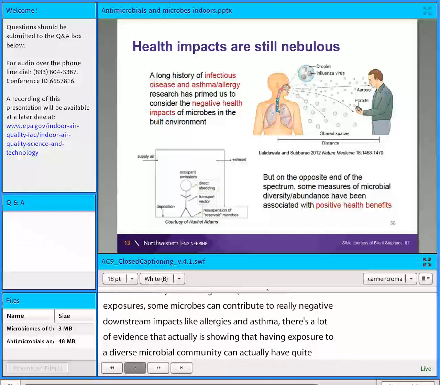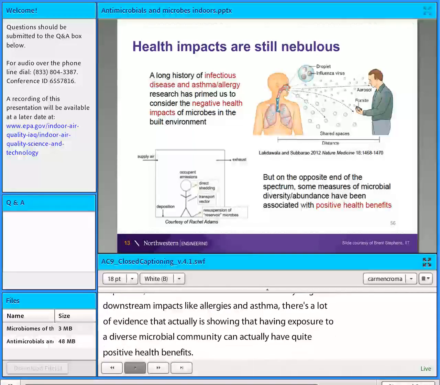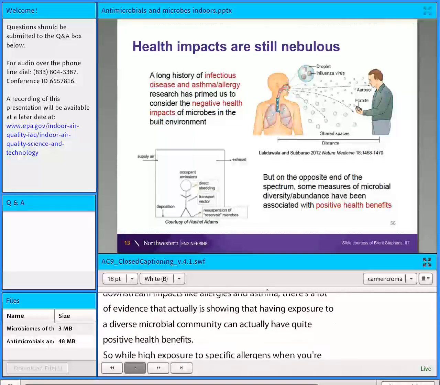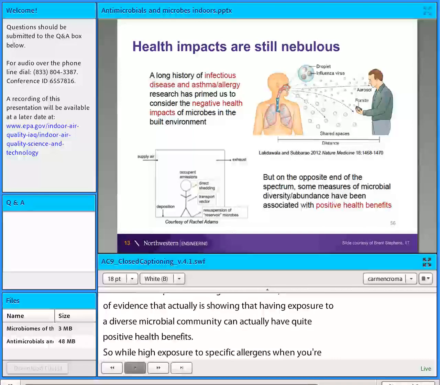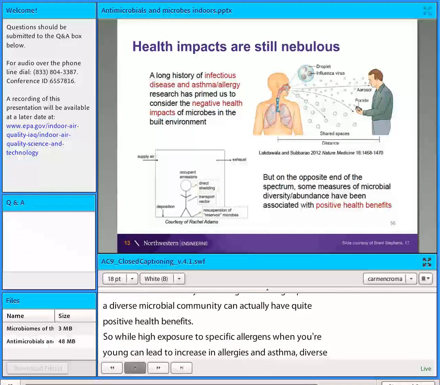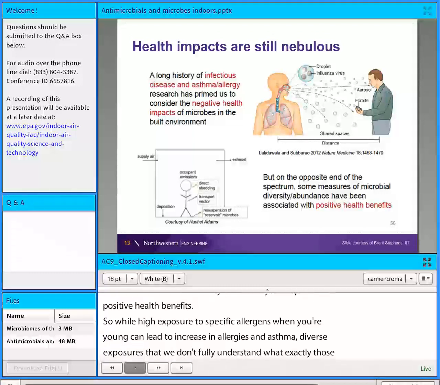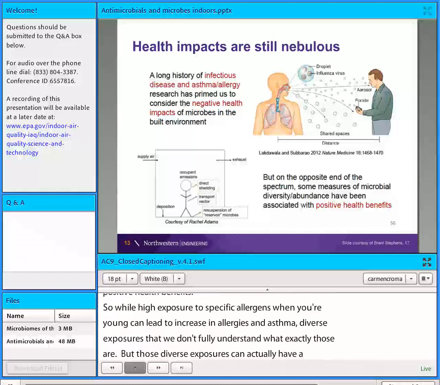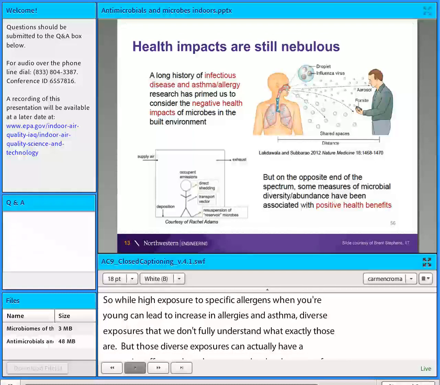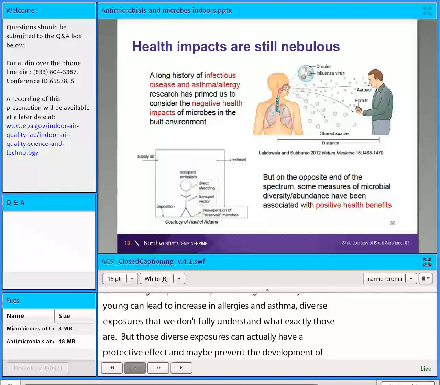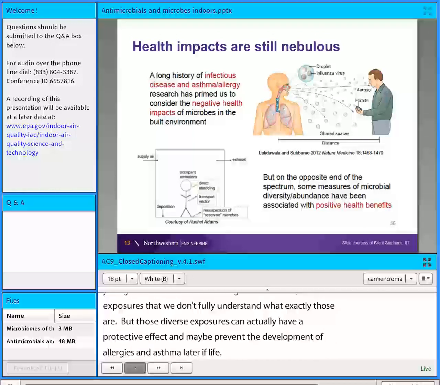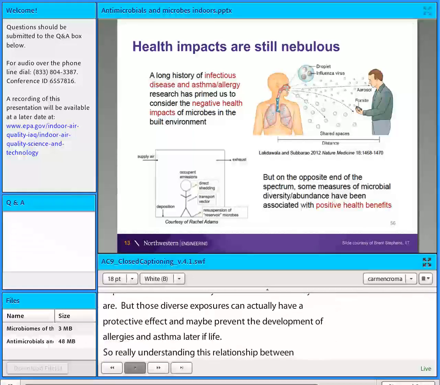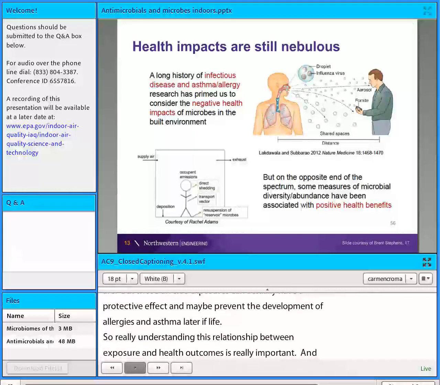So while high exposure to specific allergens when you're young can lead to an increase in allergies and asthma, diverse exposures, and we don't fully understand what exactly those are, can actually have a protective effect and maybe prevent the development of allergies and asthma later in life. So really understanding this relationship between exposures and health outcomes is really important, and understanding exactly what we're being exposed to.